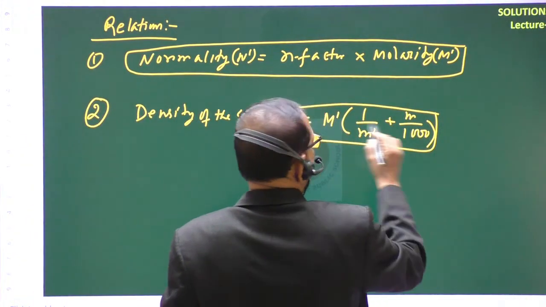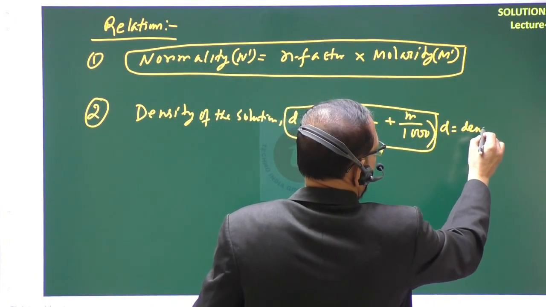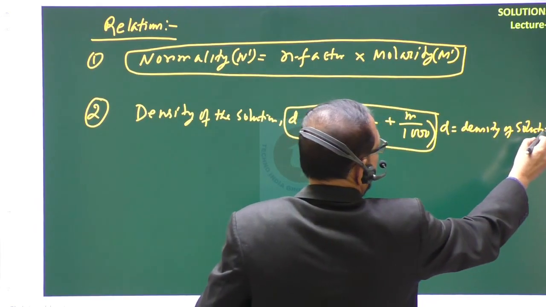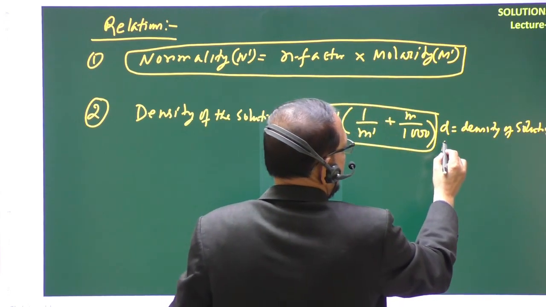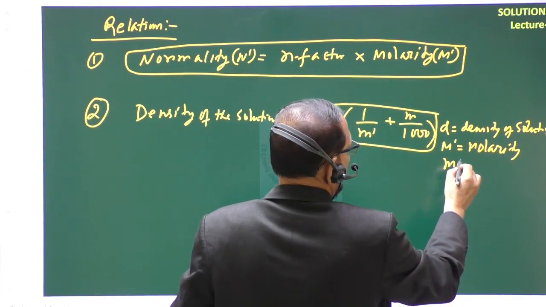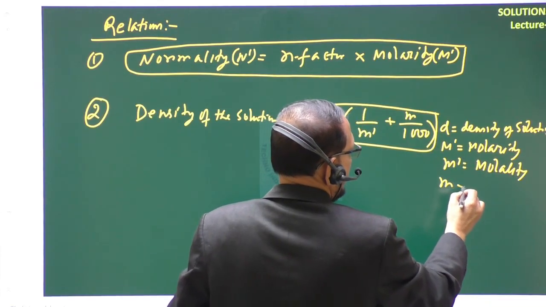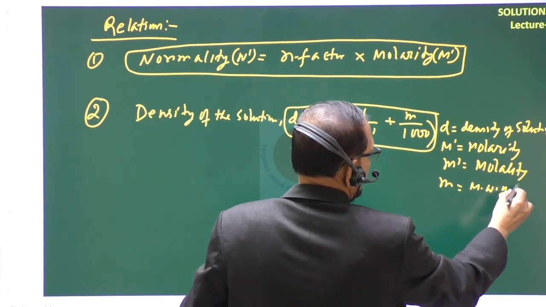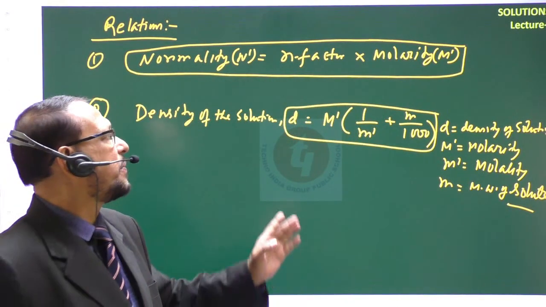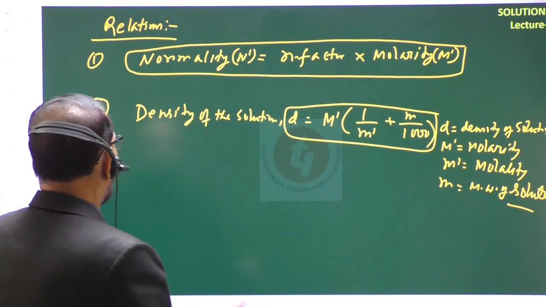Where d is the density of the solution, M dash is the molarity, small m dash is the molality, and M is the molecular weight of solute. So the different significance of the symbols is very, very important.